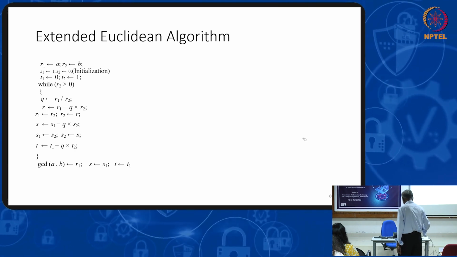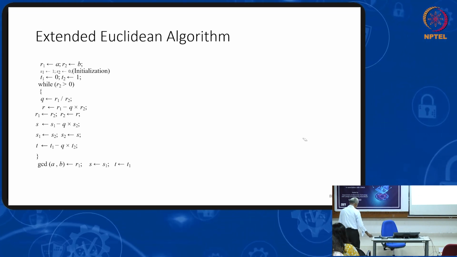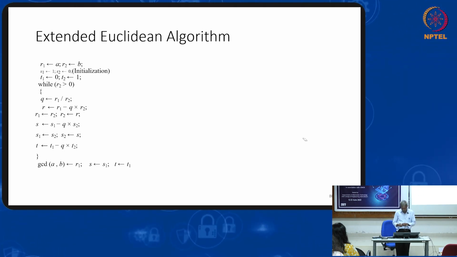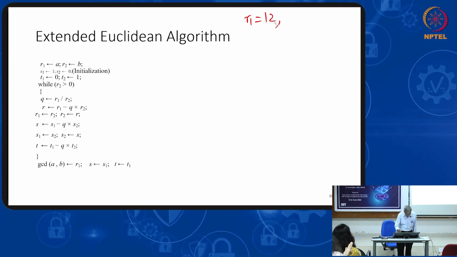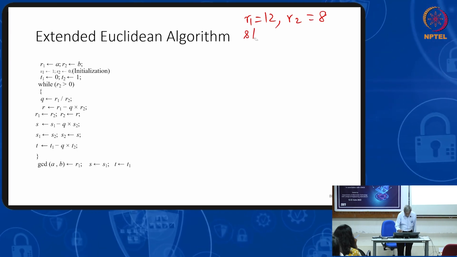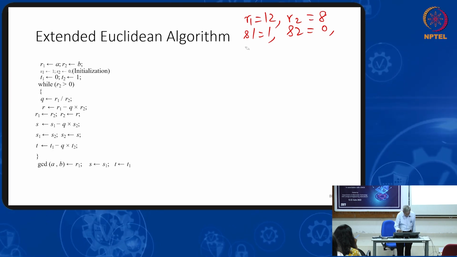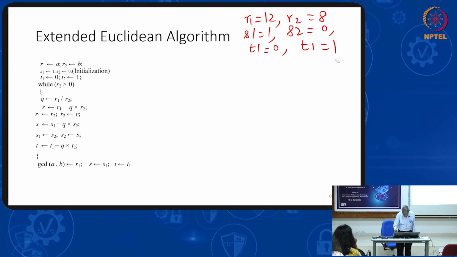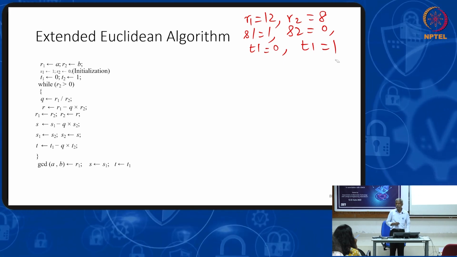With this, I want to find the greatest common divisor once again, with R1 equals 12, R2 equals 8, S1 equals 1, S2 equals 0, T1 equals 0, T2 equals 1. Now you check whether R2 is greater than 0.